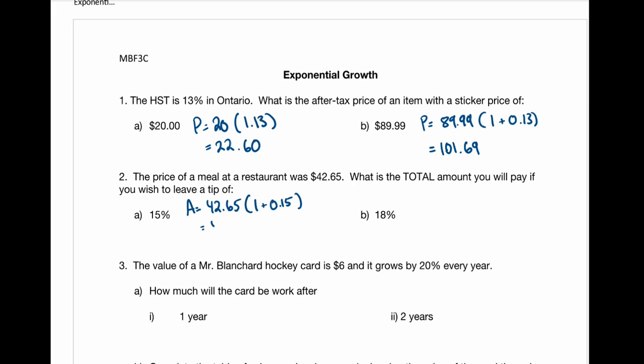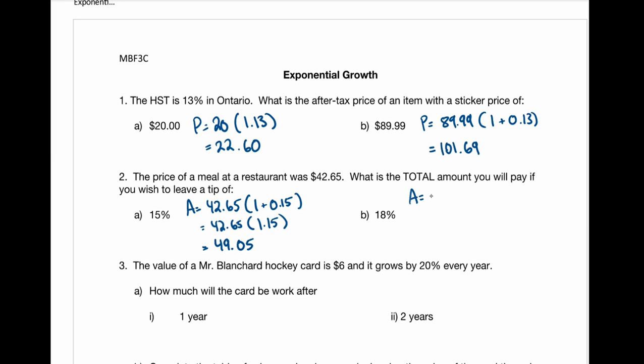So in other words, I'm doing 42.65 times 1.15, and I get an amount of $49.05. So if I wanted to leave a tip of 15%, the total amount would be $49.05.